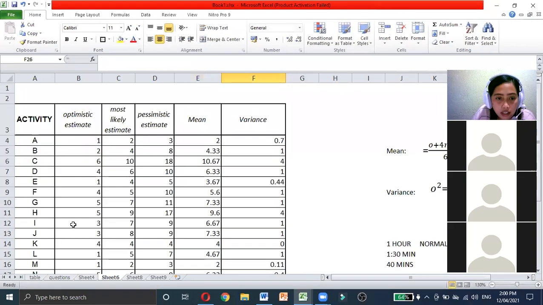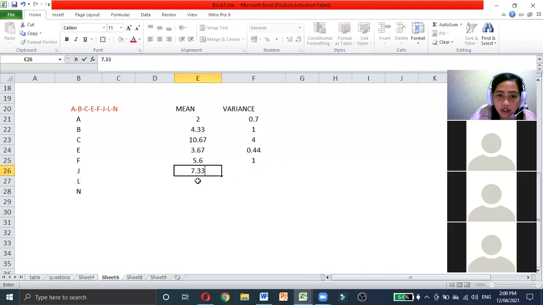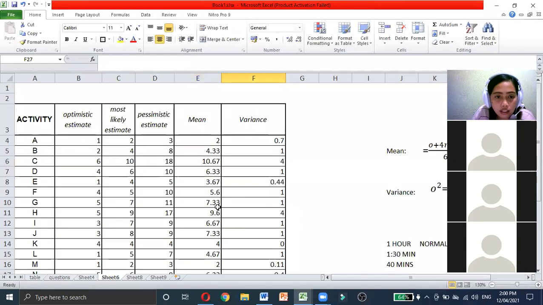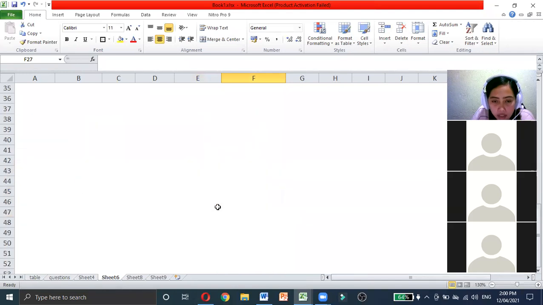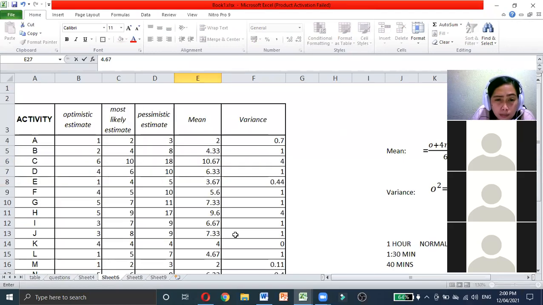J is 7.33 and then 1. And L is 4.67, and then 1.